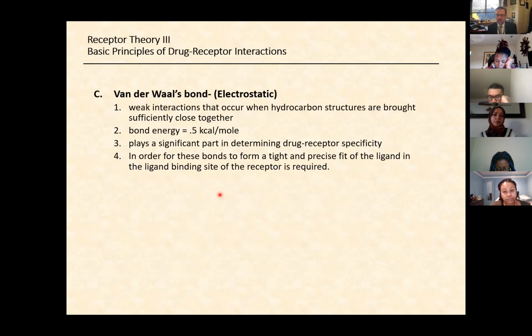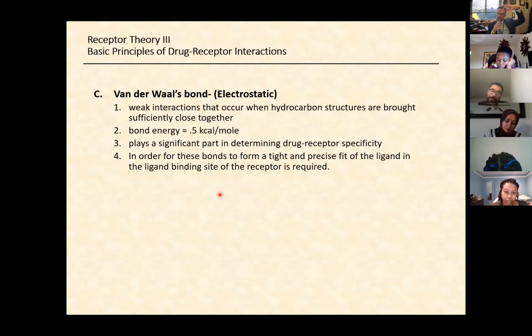All right, so van der Waals interactions, and I think Eric, this was your question. It's taken a while to get here, but we're here now. These are some of our weakest chemical bonds that form between drug and receptor molecules, and in order for these bonds to form, the drug molecule and receptor molecule have to be very, very close together.